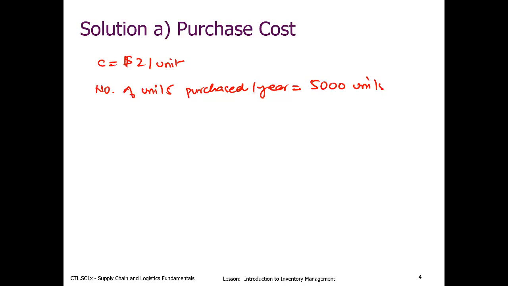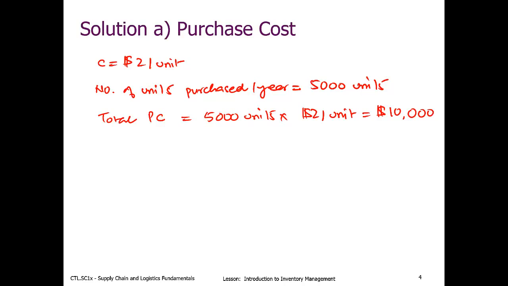Pretty straightforward. So 5,000 units, every unit costs $2. So total purchase cost then becomes 5,000 units times $2 per unit, which gives us $10,000. So this is our annual total purchase cost.